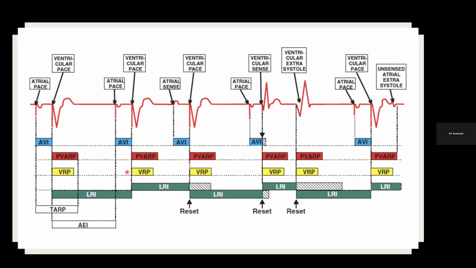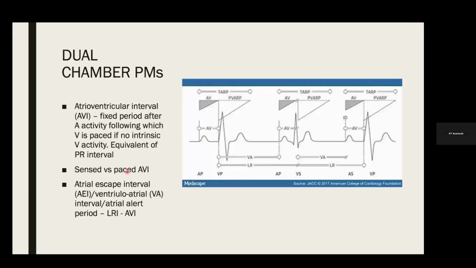Now, when it comes to dual chamber pacing, as I said, it's supposed to mimic the natural activity of the heart. Normally in the heart, you have a P wave, and a PR interval before the QRS. Similarly, once there's atrial activity, whether paced or sensed, it begins a clock which is called the atrioventricular interval, or AV interval, AVI.